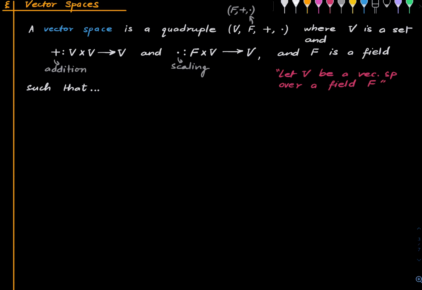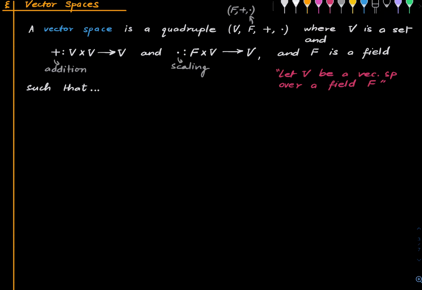We will not say let this be a vector space. We will say let V be a vector space over a field F. It means the same thing as this quadruple. So whenever we encounter a statement like this, it has to be interpreted correctly.